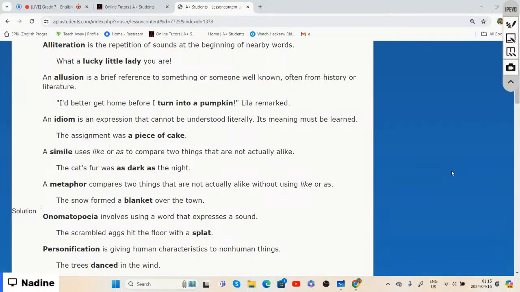An example of a metaphor is the snow formed a blanket over the town.